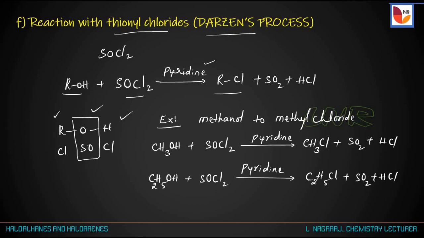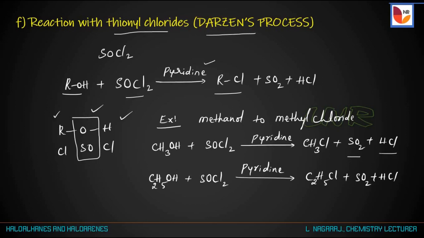Here, pyridine being basic in nature removes the HCl formed during the reaction, hence it increases the rate of reaction, and this is the best method for the conversion of alcohol into an alkyl halide, because the obtained byproducts are in the gaseous state.